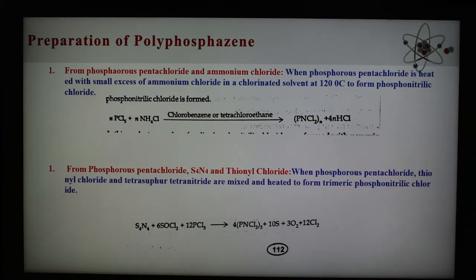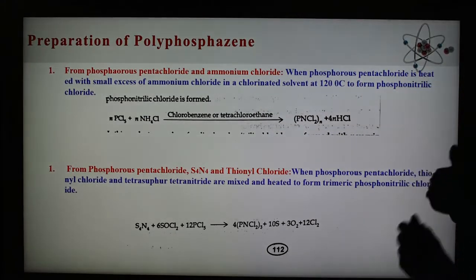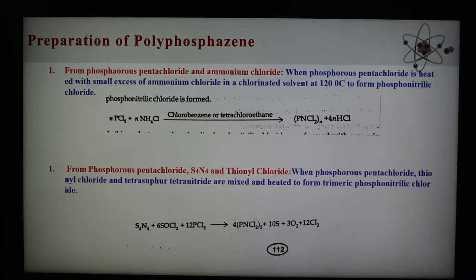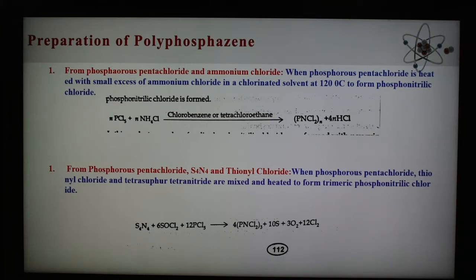By taking these two, the first reaction of preparation uses phosphorus pentachloride and ammonium chloride. When phosphorus pentachloride is heated with a small excess of ammonium chloride in a chlorinated solvent at 120 degrees Celsius, it forms phosphonitrilic chloride.